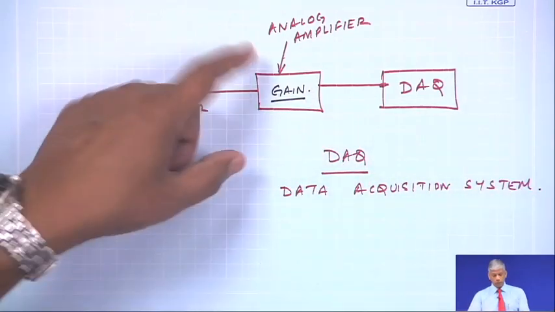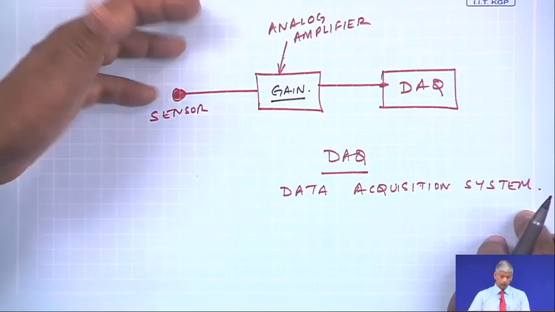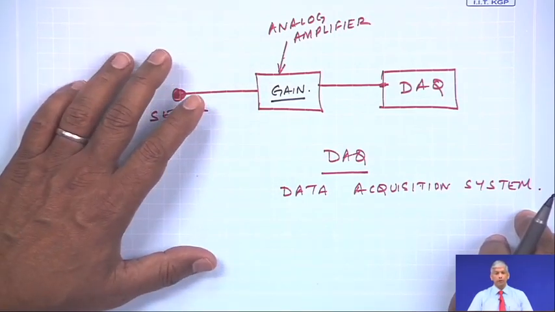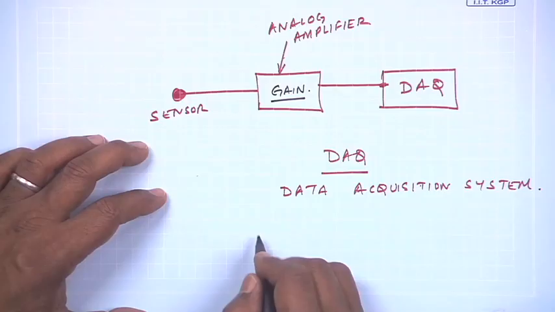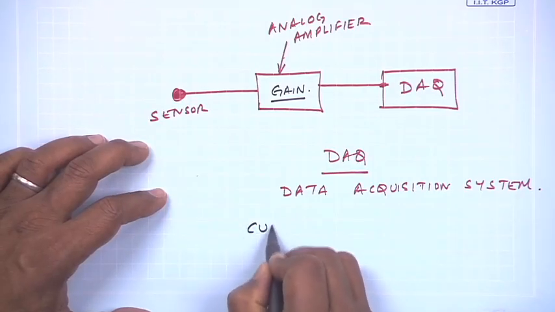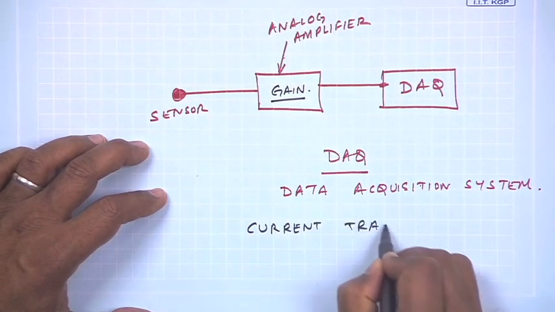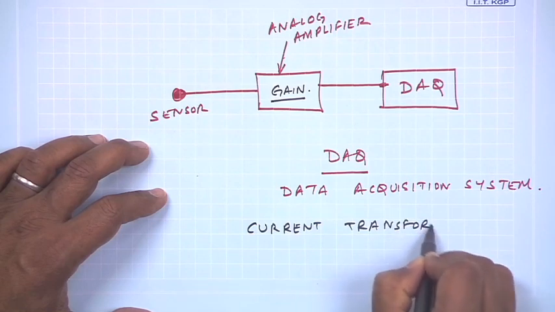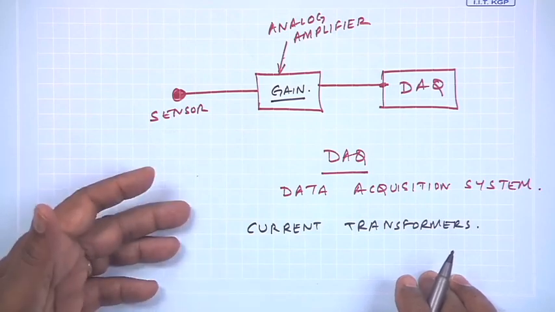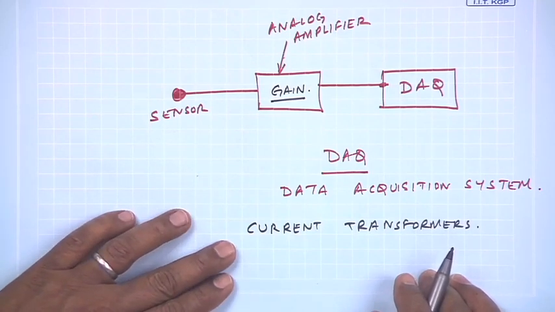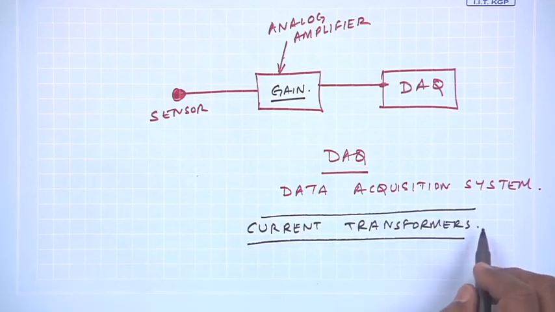Sometimes I can put an attenuator also, to reduce the voltage if it is a high voltage signal. Sometimes, when we are measuring signals from high voltage transformers, we can put what are known as current transformers, where we can reduce or increase the voltage accordingly, provided it is an AC signal.